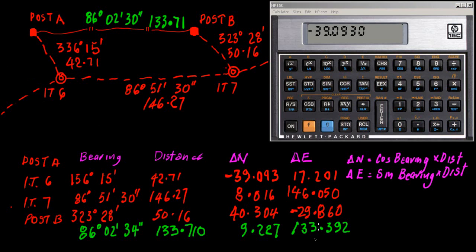There we go. Negative 39.093 seems fine. I'm just going to push the sigma key and do an XY, and that should give us the 17.201. It's the delta E.